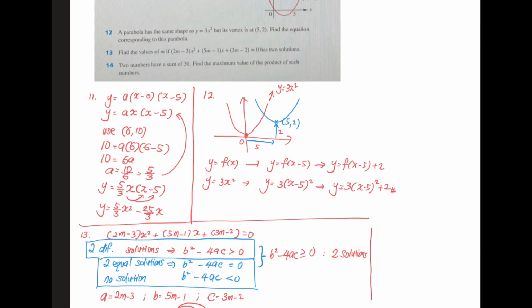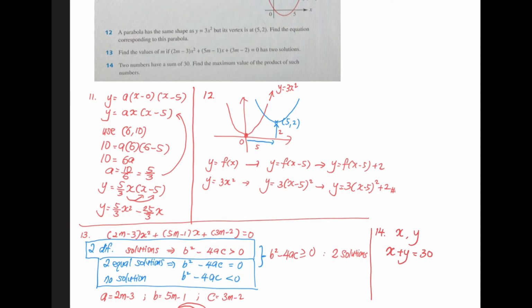Let's say for question 14, I put it at the side here. I have x and y as my two numbers. They said two numbers have a sum of 30, so that means x plus y equal to 30.